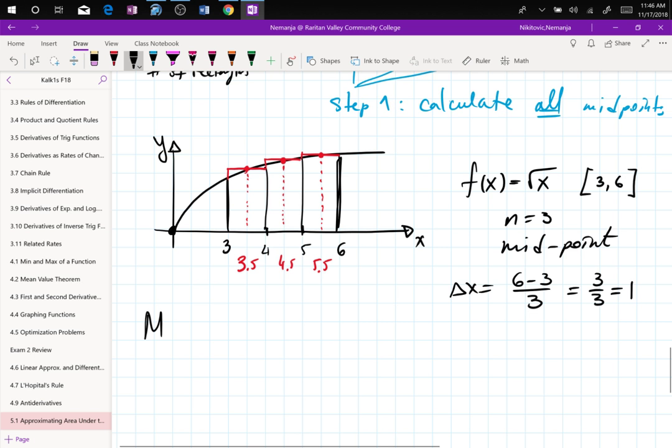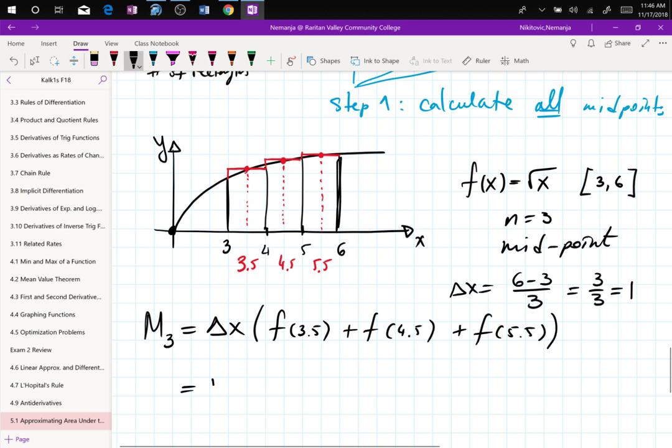So midpoint with the 3 rectangles, so M3, is going to be delta x times f computed at 3.5 plus f computed at 4.5 plus f computed at 5.5. And you just need to plug in. Delta x is 1, open parenthesis, square root of 3.5 plus square root of 4.5 plus square root of 5.5. There we go.